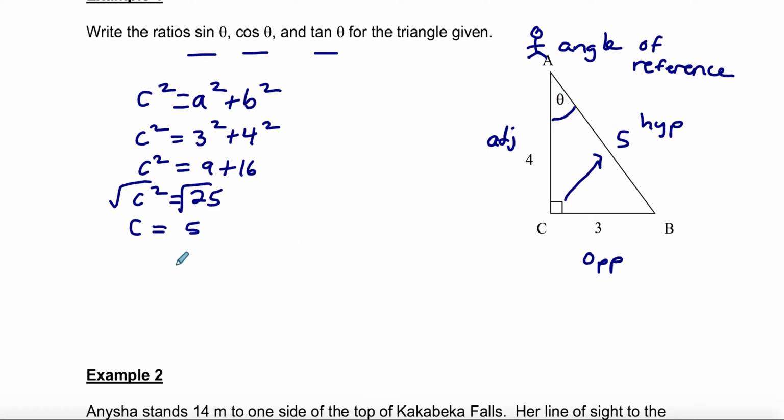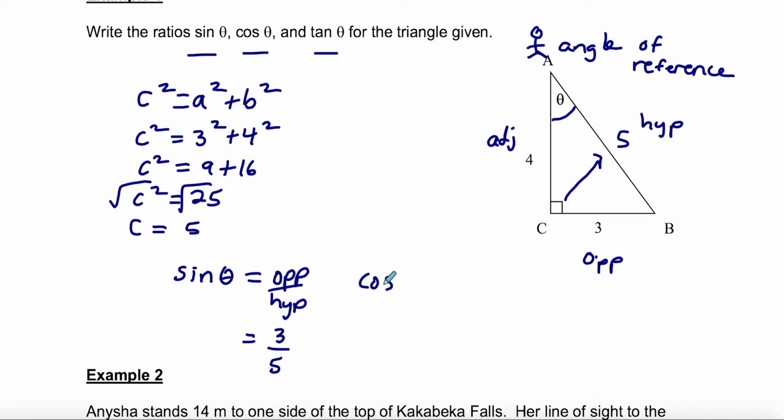If I want to write the ratios, so sine theta, or I could say sine A, it doesn't matter what symbol I use, it's representing an angle that I don't know. Sine theta is the opposite over the hypotenuse. When I'm standing up here at the top of the triangle, my opposite is 3 and my hypotenuse is 5. So this is how you would write the ratio.